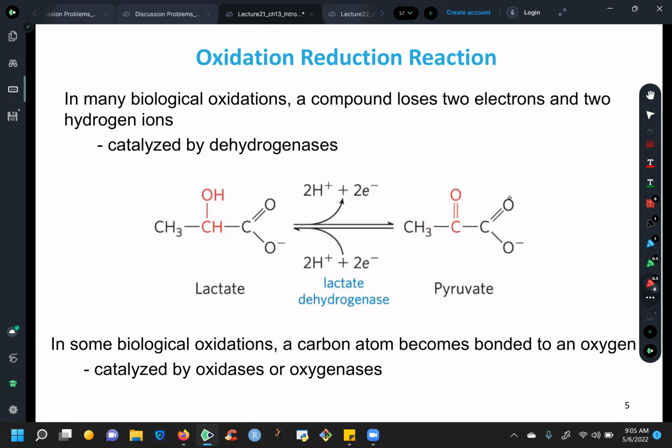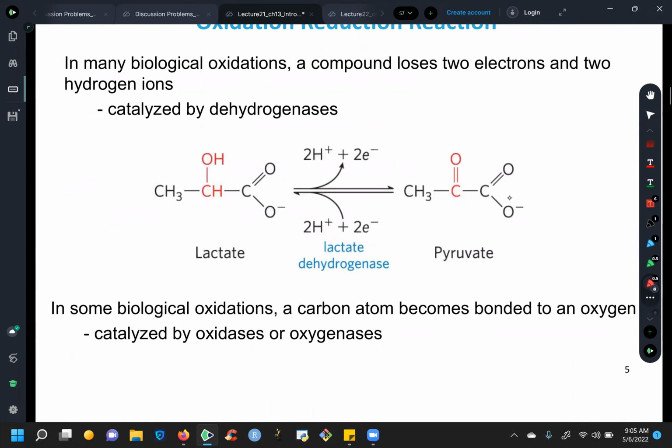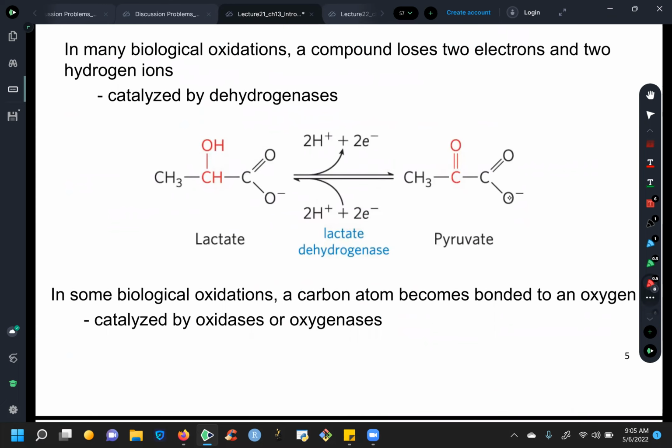Oxidation, reduction, reaction. In many biological oxidations, a compound loses 2 electrons and 2 hydrogen ions, catalyzed by dehydrogenases. So de means removal, and hydrogenases, that's just removal of hydrogens, which is the same thing as removal of electrons. Here on the left, we have lactate, with a methyl group, a CH with an alcohol, and the carboxylate.